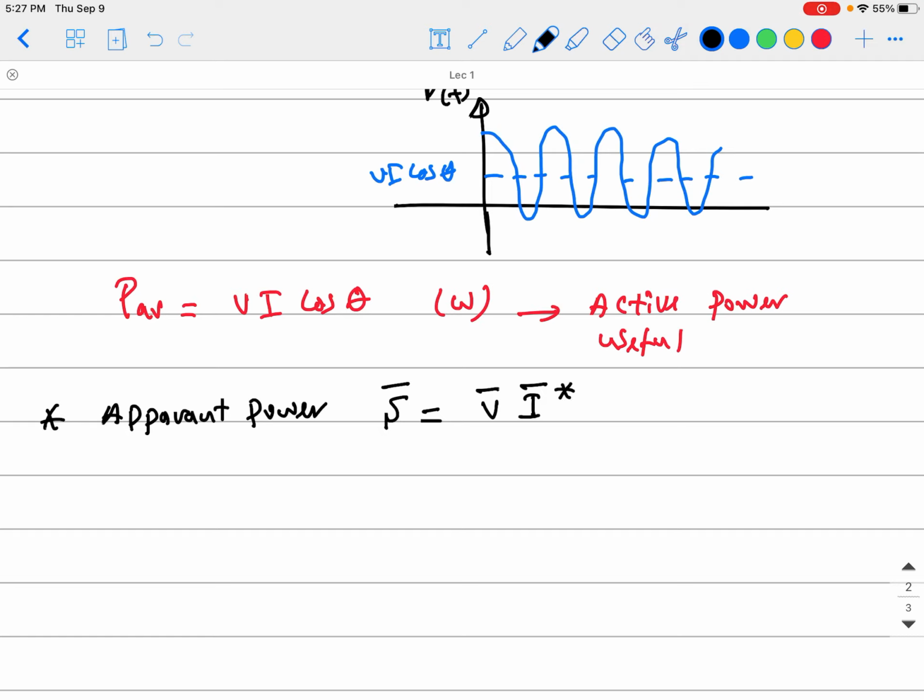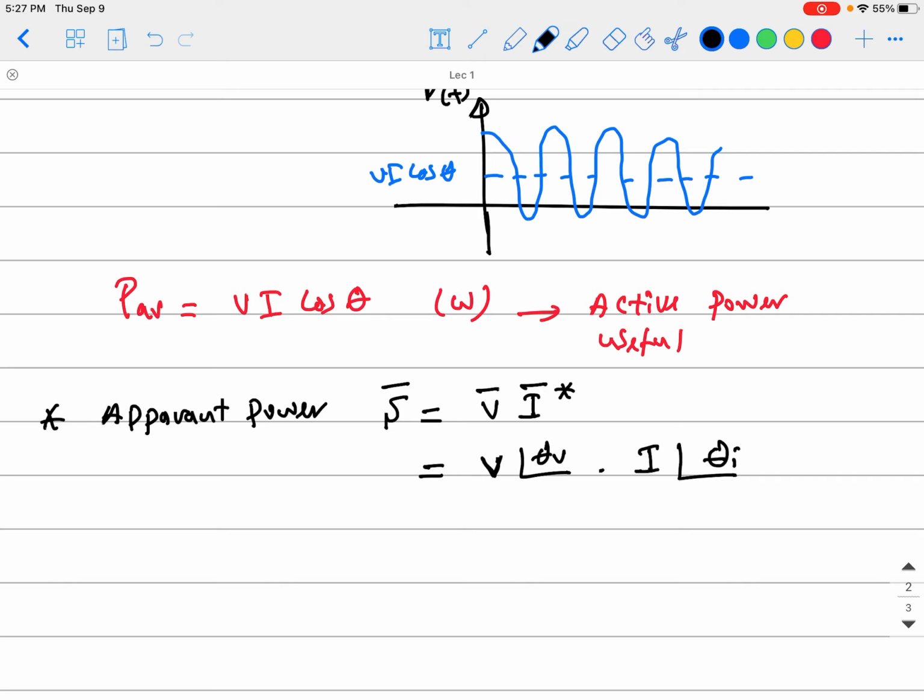Okay? This term is conjugate, and that is the negative of the angle. So if you want to calculate this from the polar form, it will be V RMS, V capital like that, meaning the RMS value, with angle theta V, multiplied by I RMS with angle theta I.